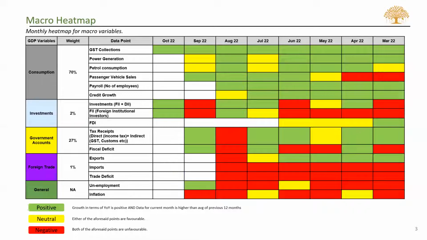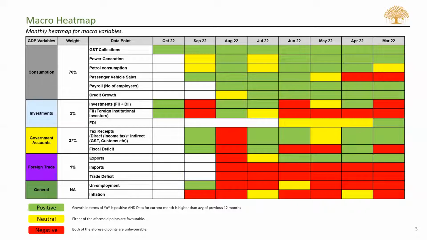So moving on to foreign trade, although it constitutes only 1% of the GDP, it's a significant factor to be considered in how it affects the macro. What we are seeing on both the export and import sides is basically negative, wherein the imports have been higher than the previous 12 months, and the current month is higher than the last month of the same year.